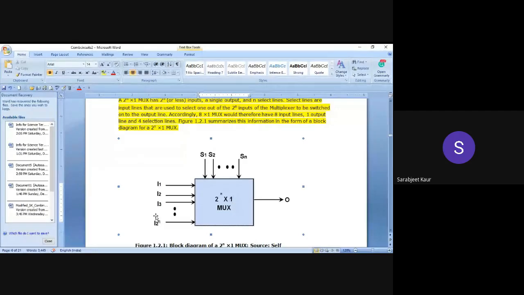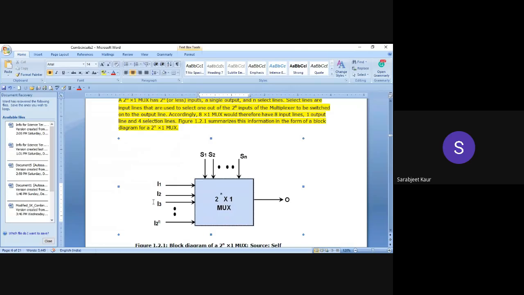In any of these cases, whenever I have 2 raised to the power of n things, out of which I need to identify one of them uniquely, how many bits do I require? n.